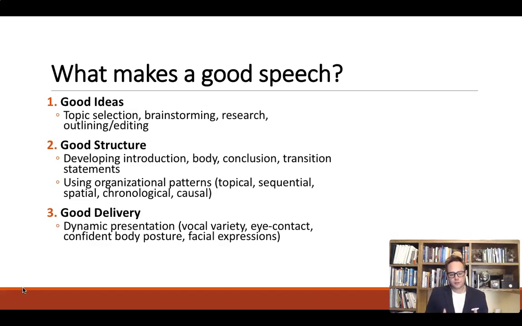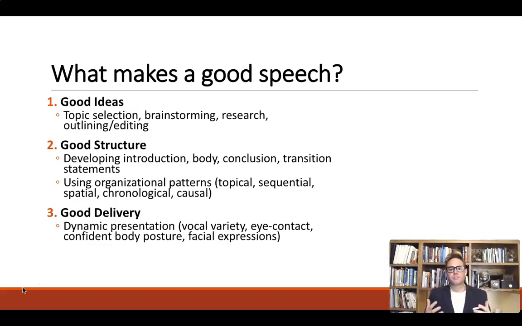And then the third critical element of an effective speech or good speech is having good delivery. And that is essentially developing a dynamic presentation, which includes vocal variety, fluctuating our voice to communicate emotion. It includes eye contact, looking directly at the audience to establish a bond with them.